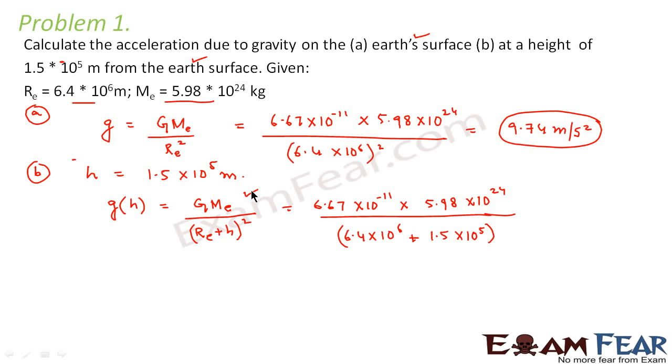Either you can use this and calculate, or you can use g of h is equal to g into (1 minus 2h by Re). So here, if we calculate this, we get 6.67 into 5.98 x 10^13 divided by 6.55 x 10^6. So this comes out to be 9.30 meter per second square.